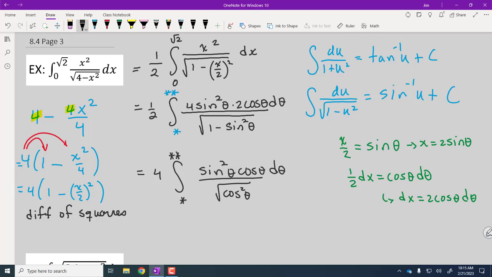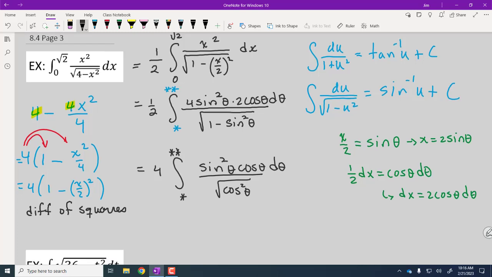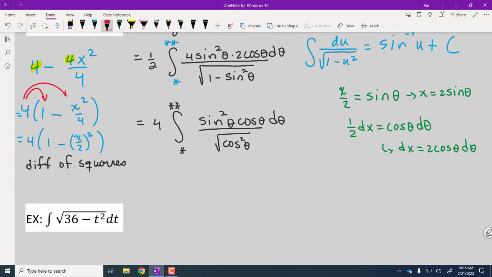We're going to go back. All right. And then square root of cosine squared is going to be cosine. That's going to wipe out this cosine. Cosine divided by cosine is 1.